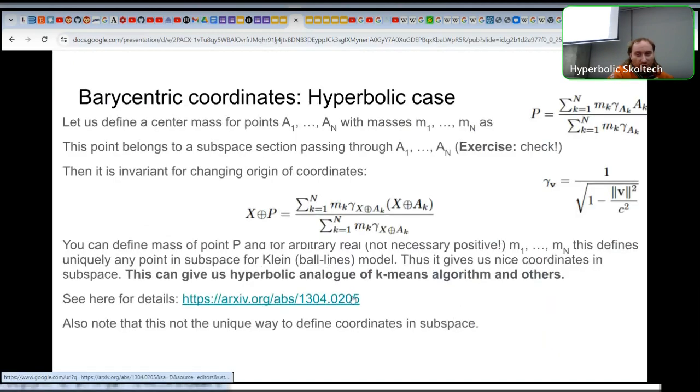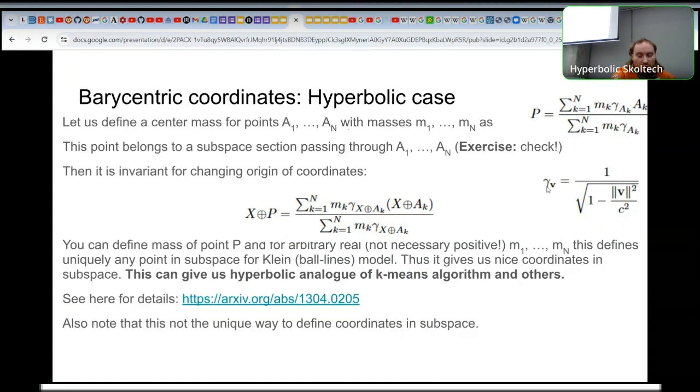And what about the hyperbolic case? So actually, there is this whole theorem from Professor Ungar, about invariant mass for Lorentz transformations and invariant impulse. So you just take points a1, etc., an, and masses m1, etc., mn.